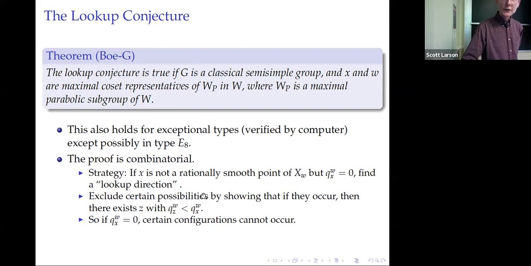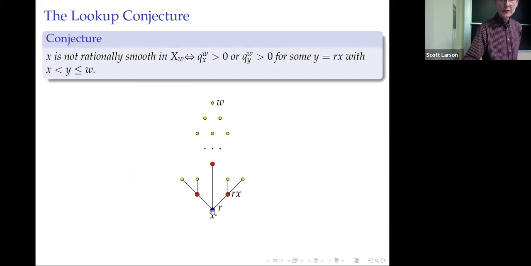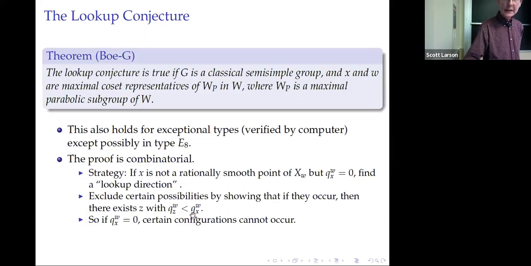The strategy is that if X is not a rationally smooth point, but Q is 0, you want to find a direction where you can go where Q is positive. You have to try to identify this direction. But to identify this direction, we had to show that we could only identify it in certain settings. So we had to prove that certain settings could not occur in the Q equals 0 setting. The way that was excluded was that if certain configurations occurred, there would be an element Z where Q_WZ was less than Q_WX.